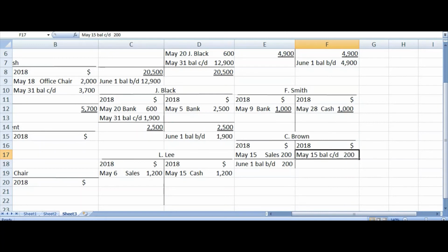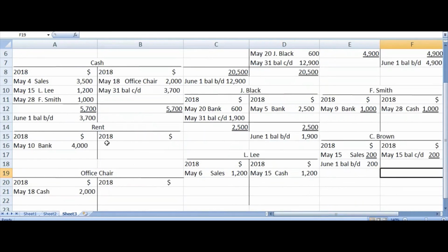So let me just fix this quickly. So we want to double line here to show that the account is now balanced. So we double line here and we double line here to show that the account is now balanced. And we move to our next account.